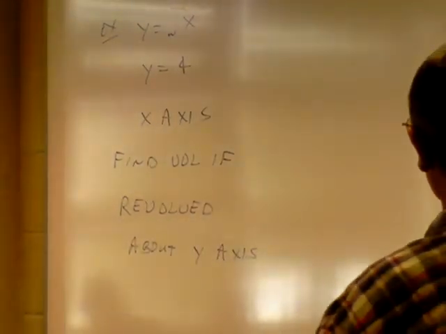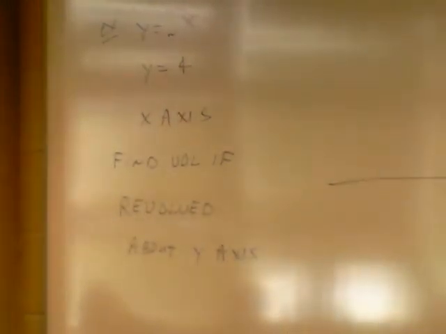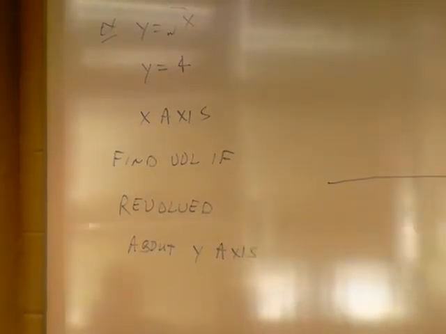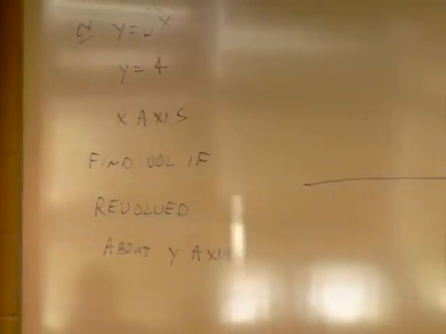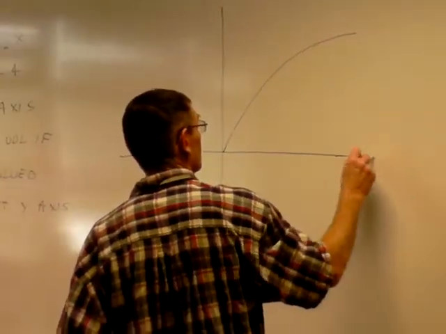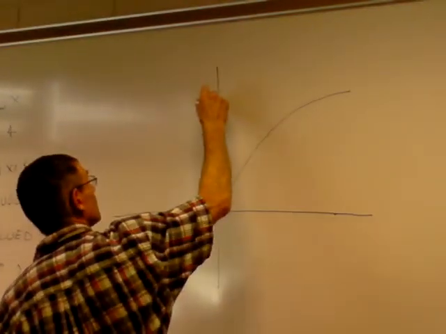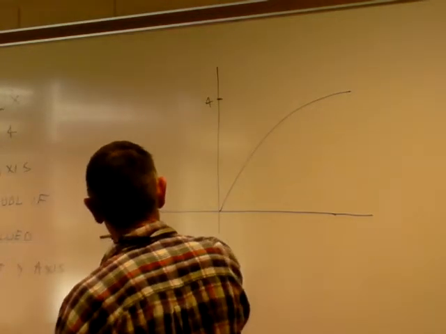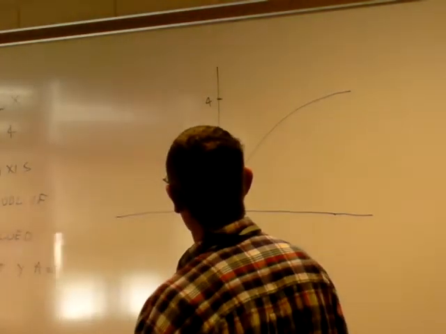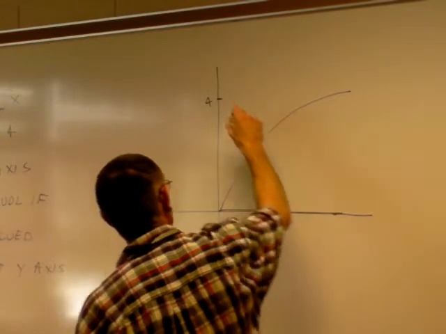We've actually had that one. So we put y equals the square root of x. Then it says y equals 4. So we don't go out here to 4, we go up here to 4. And the x-axis. Here's the x-axis. Here's y equals 4.